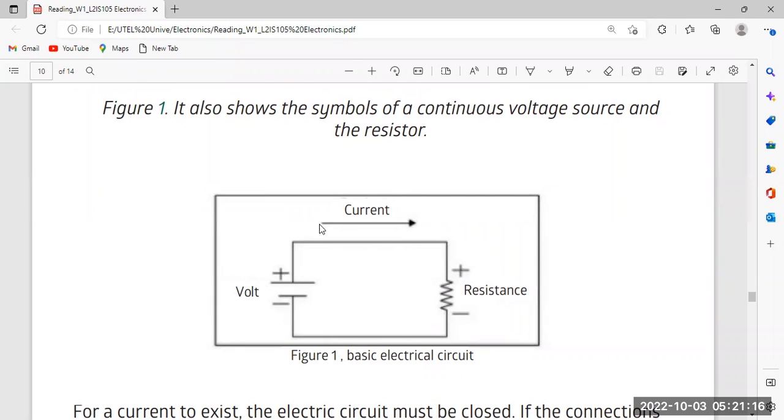As you can see, the arrow direction is coming out from the plus. From the plus it moves through the circuit towards the minus into the resistance. That is how the current flows in the circuit.